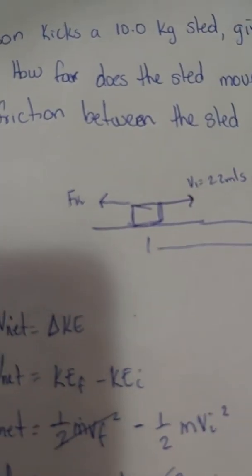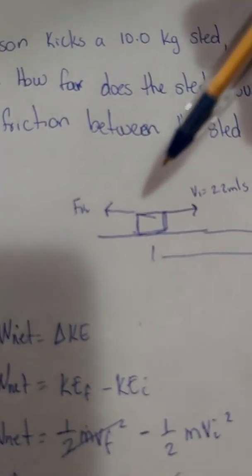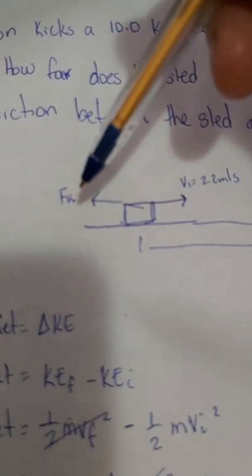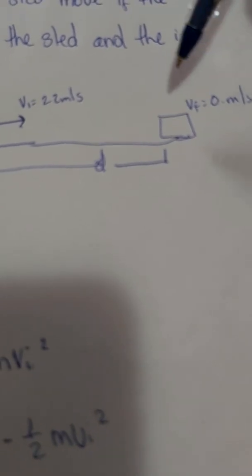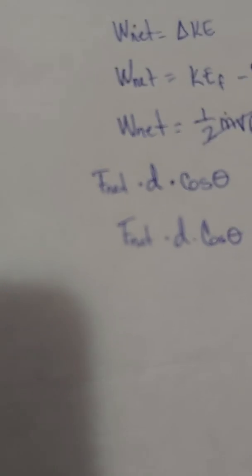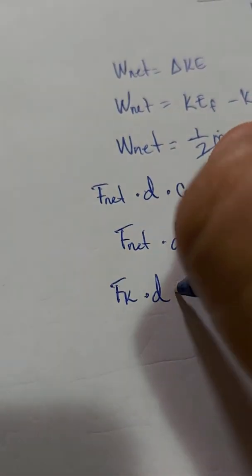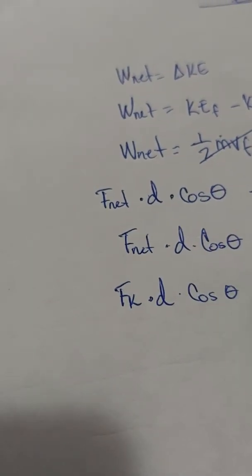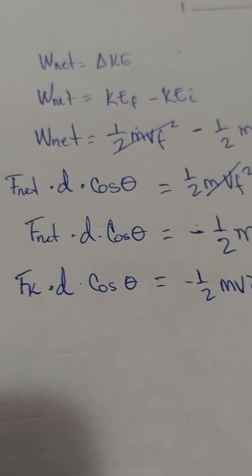So there's no force acting to the right side of the system. The only force acting on the system is the kinetic friction. This is making the sled stop somewhere over here. So net force in this case will be equal to kinetic friction times distance times cosine of theta equals negative 1/2 mass times the initial velocity squared.